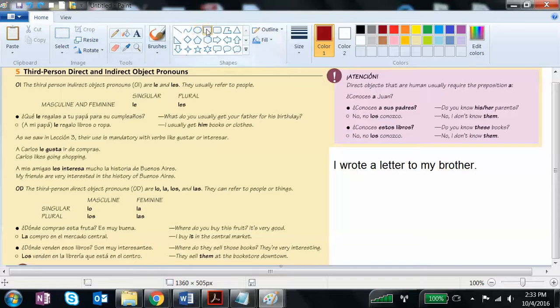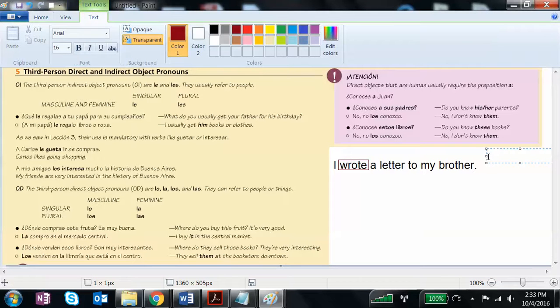So, how do I do this? Well, I say you start by identifying your verb, which is wrote. Okay, and we will just put verb. I'm going to do my subject in blue, my direct object in green, and my indirect in purple.